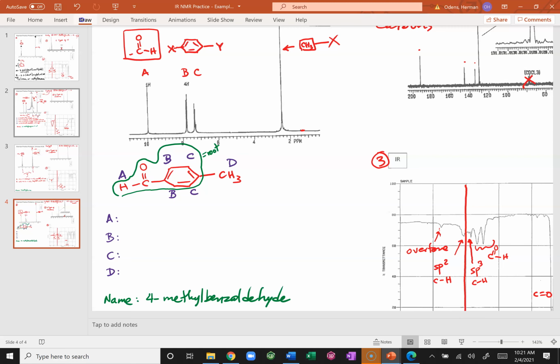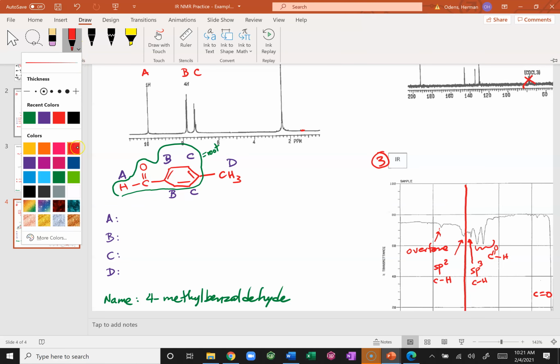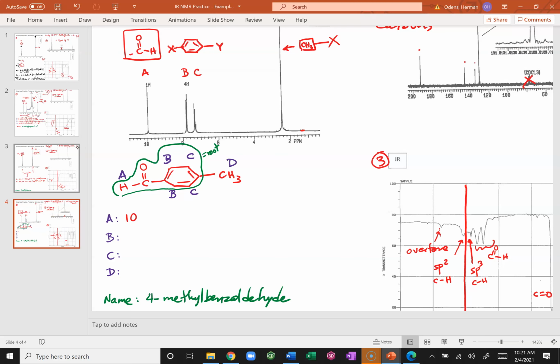So we'll say, at 10 ppm, that's a sharp value for my aldehyde. I have a singlet, and that is integrating to 1 hydrogen.